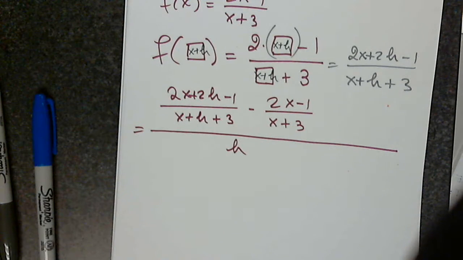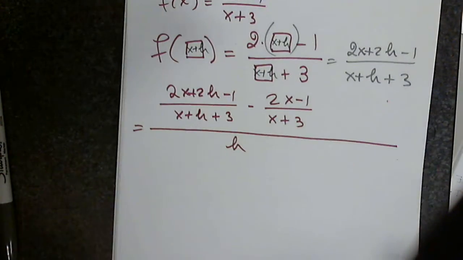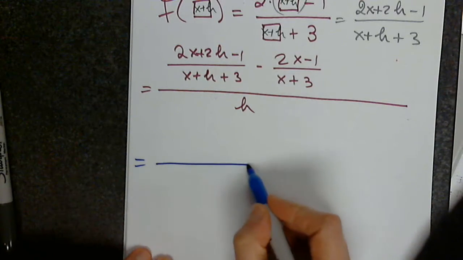But if you go back to the readiness quiz from Monday, look at the last problem and tell me what is that difference quotient on what? x squared. Over x squared. Good. So now we know. Very good. What is the next step?